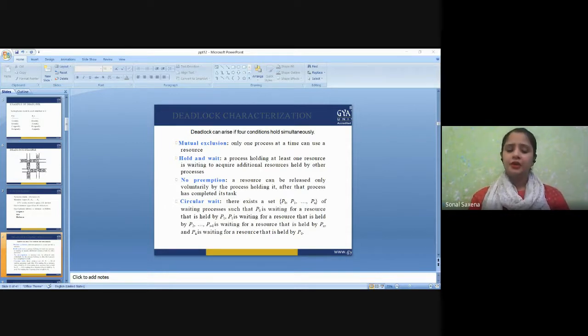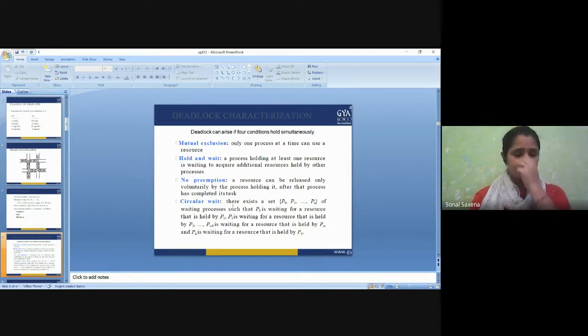So those read-only files can be prevented from the deadlocks. But where we are talking about the resources which are in high demand of sharing, they always go to the deadlock condition. So we can say that here's the characterization we have only seen: only one process at a time can use a resource.